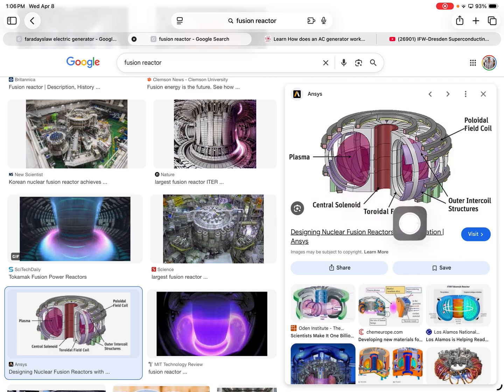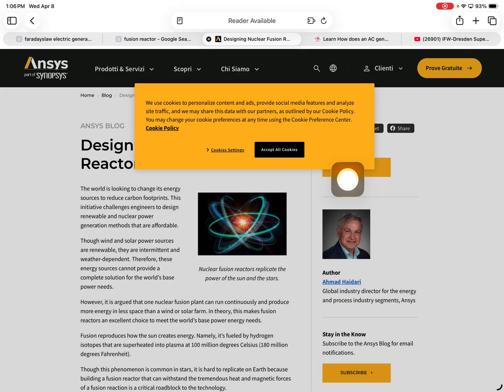There's no person for size here, but roughly, this chamber is about the size of this room.